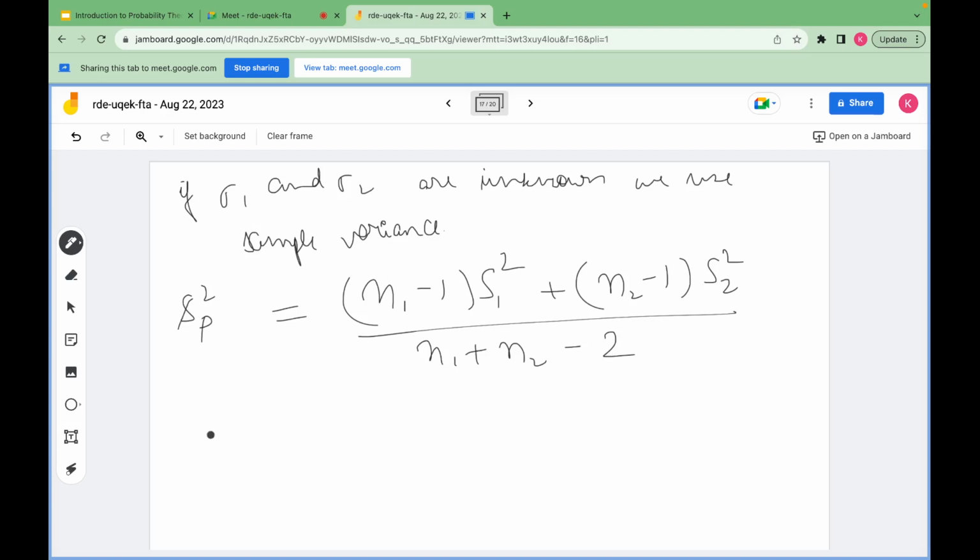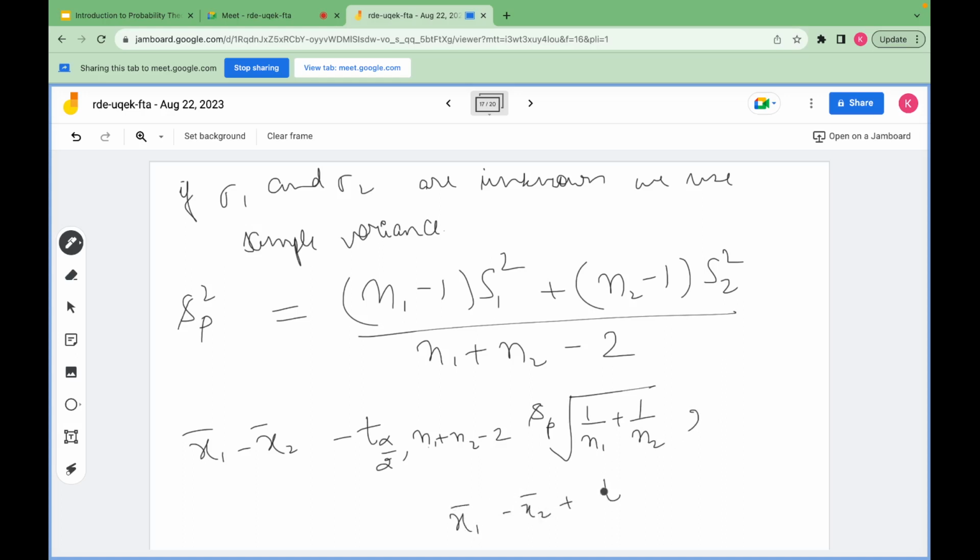And then we will define the range, which will be x1 bar minus x2 bar minus t with n1 plus n2 minus 2 degrees of freedom and alpha by 2, into sp times the square root of 1 upon n1 plus 1 upon n2, and the upper limit will become x1 bar minus x2 bar plus the same term. I wrote this wrong: first we write the degree of freedom, then the alpha.